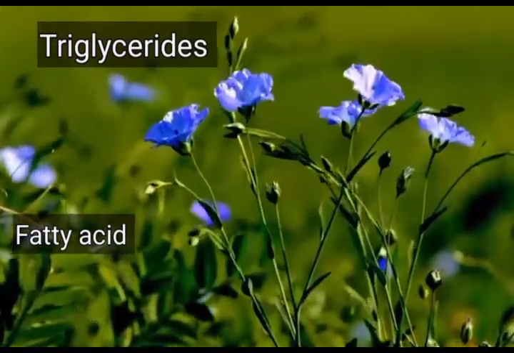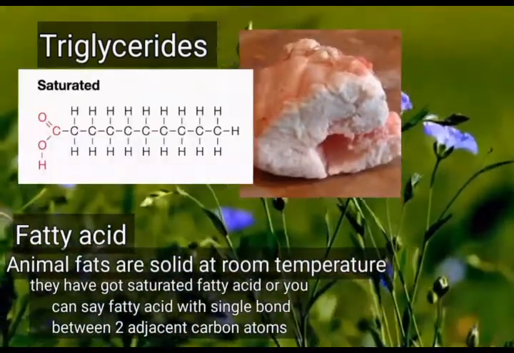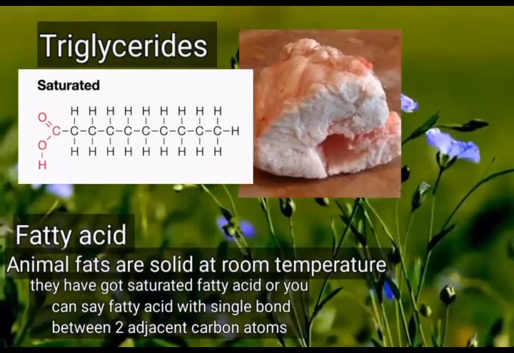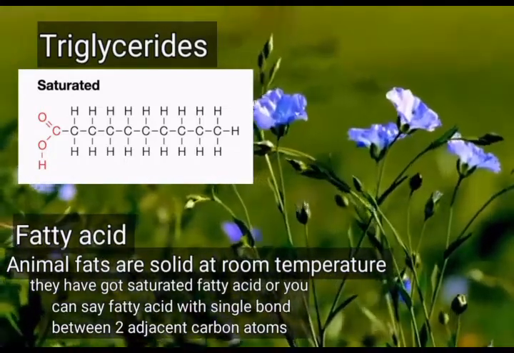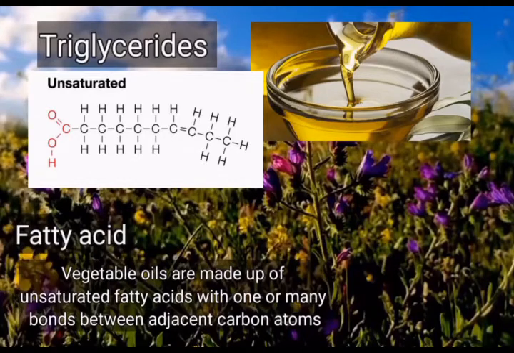As we have discussed before, animal fats are solid at room temperature, owing to the fact that they have saturated fatty acids. You can say fatty acids with single bonds between 2 adjacent carbon atoms. Vegetable oils are made up of unsaturated fatty acids with 1 or many double bonds between adjacent carbon atoms.